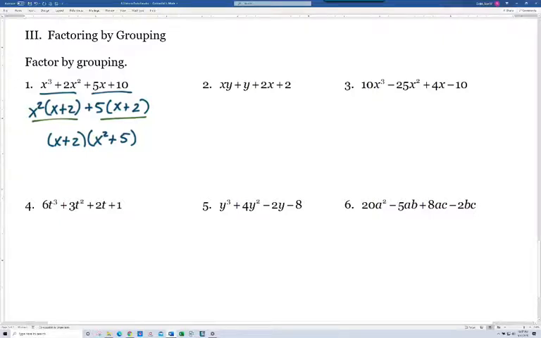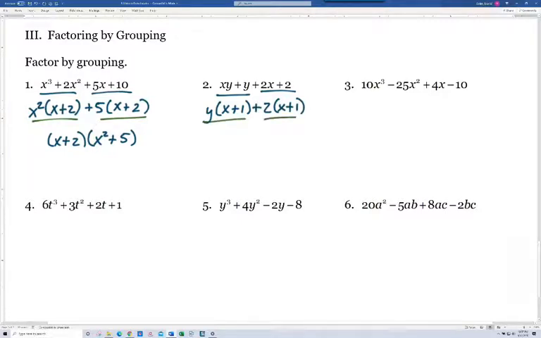On number 2, for the first two terms, you can see our greatest common factor is just going to be y. y times x will give you the xy, and y times 1 will give you the y. In the second two terms, our GCF is 2, and it will be 2 times x plus 1. And again, we're going to have a positive in the middle.